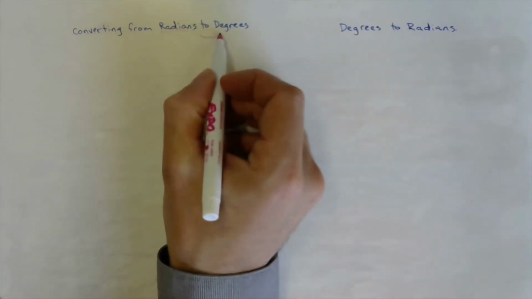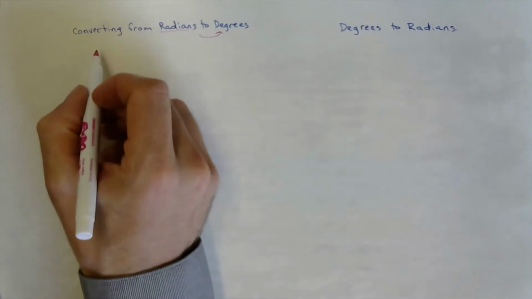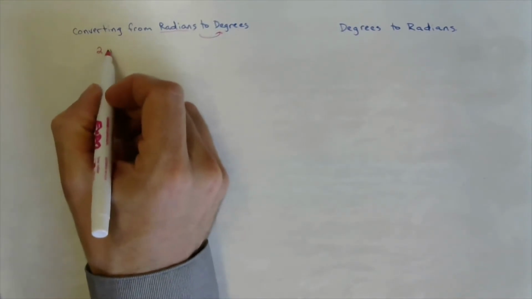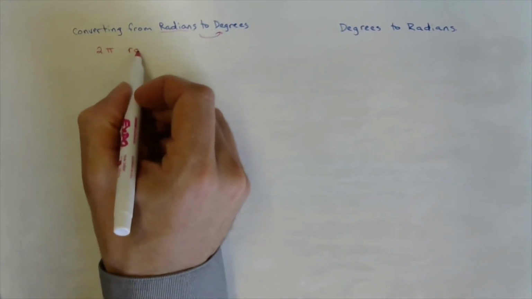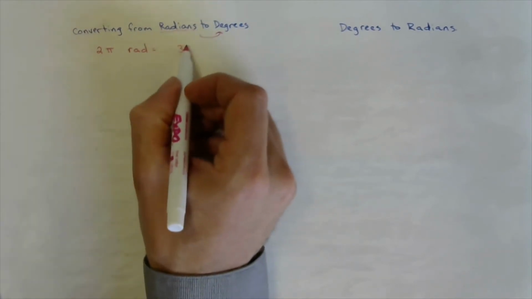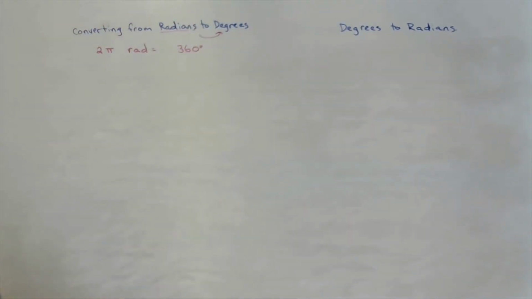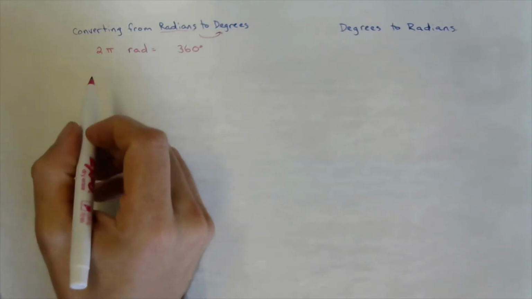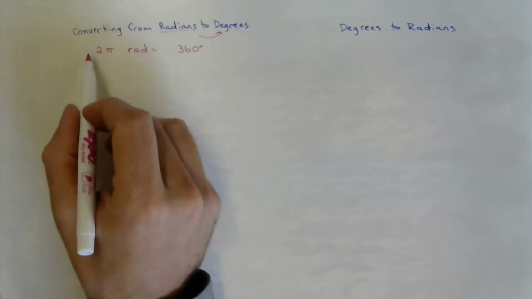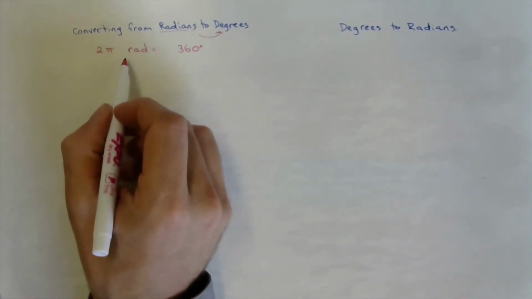So when we're converting from radians to degrees, that means you have the radian measurement and you're trying to get the degree measurement. You have to remember that 2 pi radians is equal to 360 degrees. Well, let's divide both sides by 2 pi in order to get 1 radian, right?